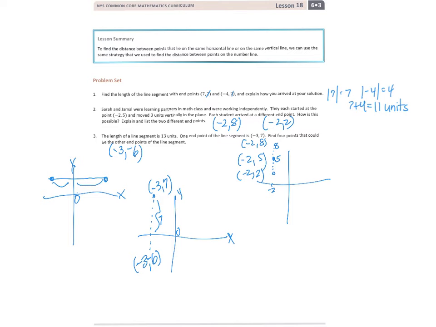Okay, then I could go across here. Negative 3, up 7. This is going to be something, 7.